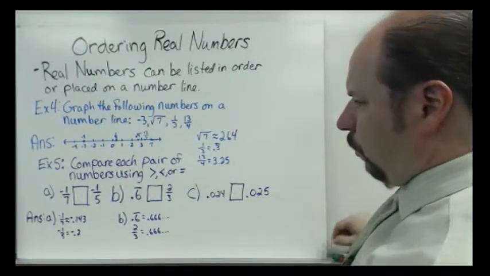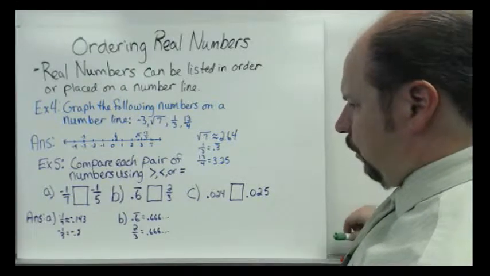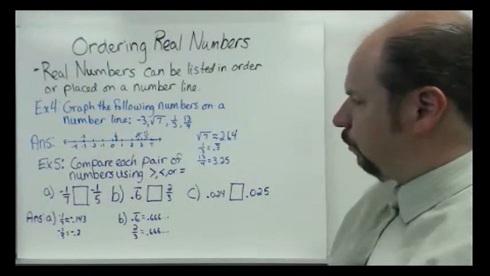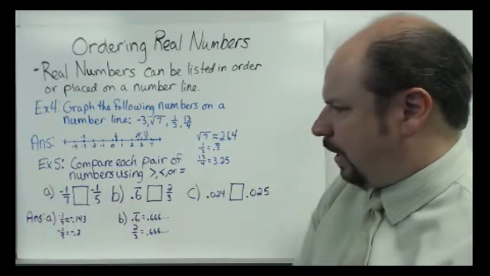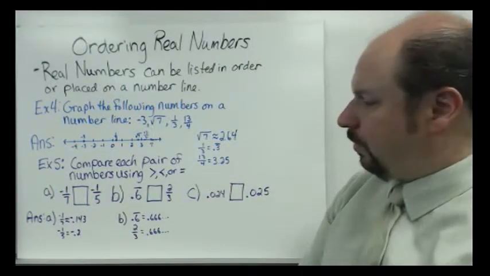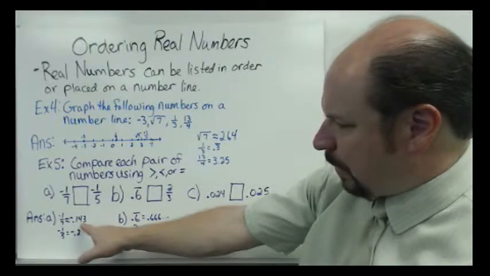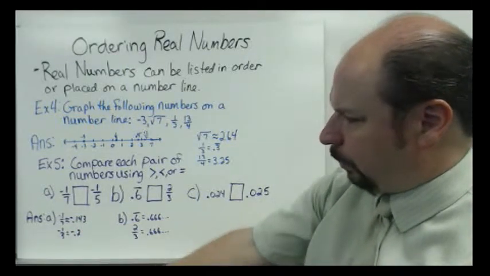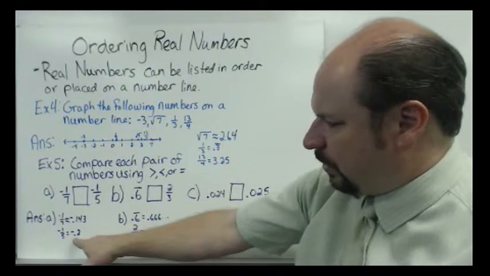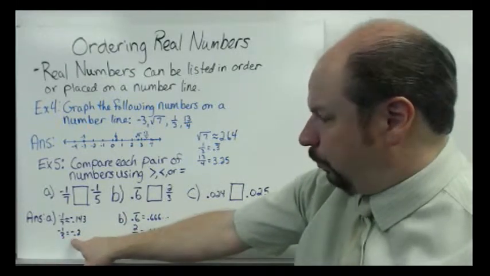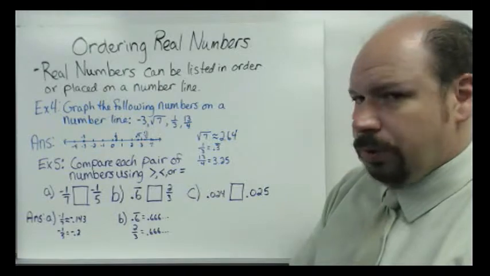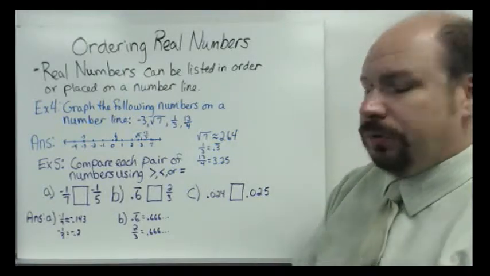Okay, last example. Compare each pair of numbers using greater than, less than, or equal to. So for A, -1/7 compared to -1/5. Well, -1/7 is about -0.143, and -1/5 is equal to -0.2. So we have to think about which one of these is bigger.